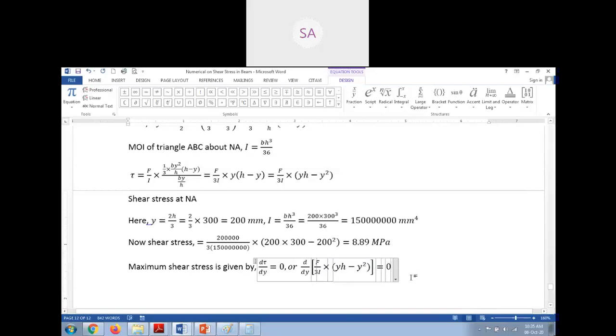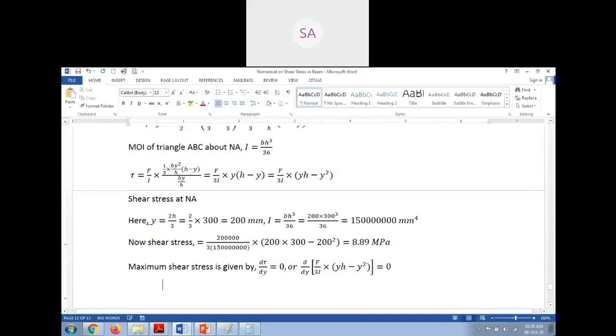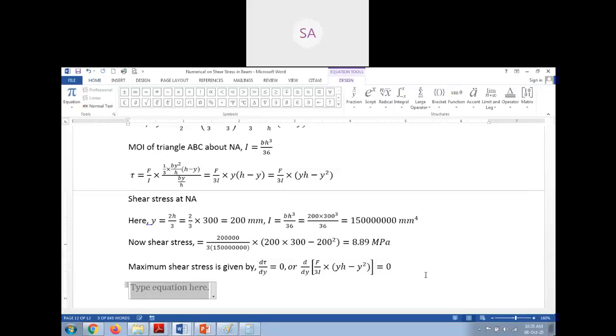Now it's a very simple differentiation. 3f by 3I is a constant, so it will remain as it is, nothing will happen to that.